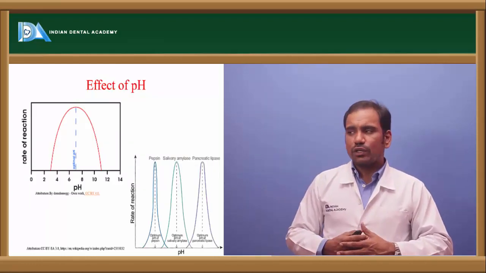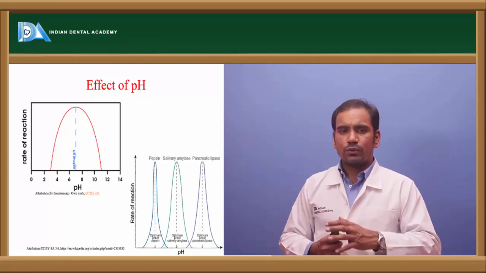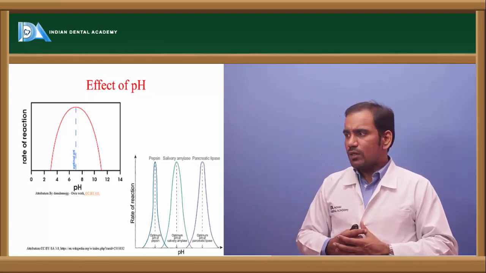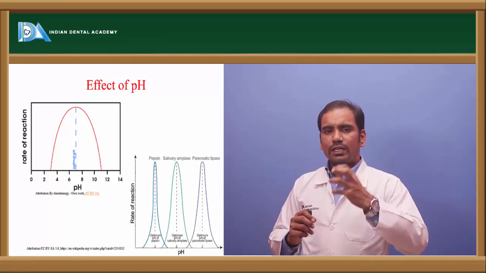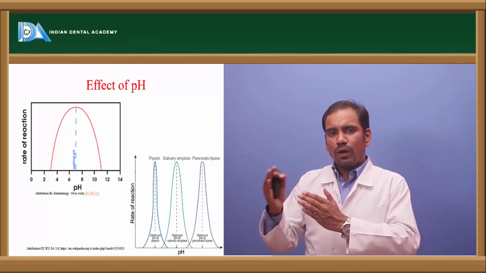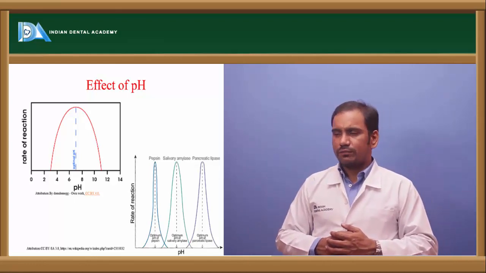Coming to the effect of pH. The hydrogen ion concentration also affects the rate of the reaction, or velocity of the reaction. Whenever pH is changed, it affects the ionic charge on the proteins. That's how it may increase or decrease the velocity of the reaction.